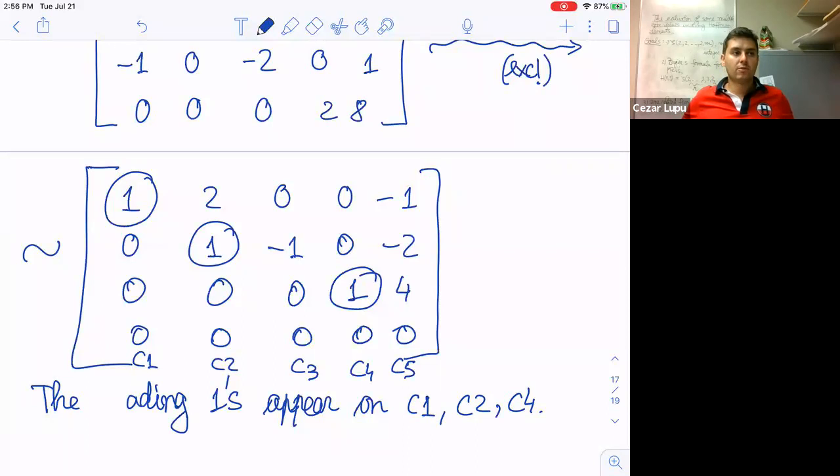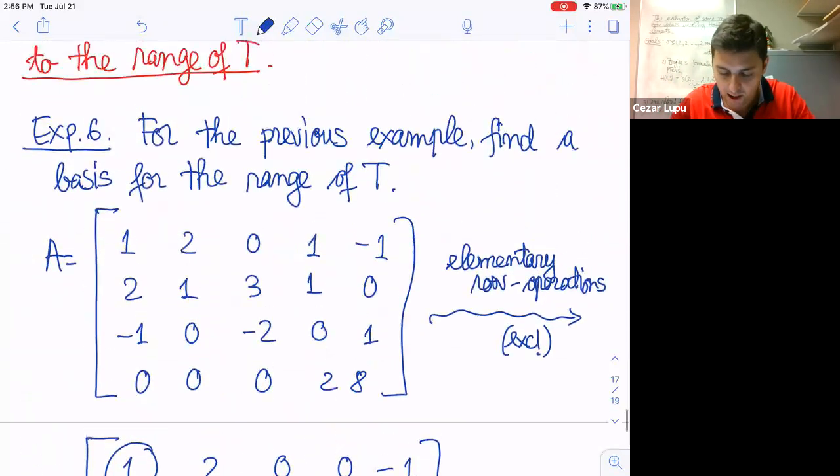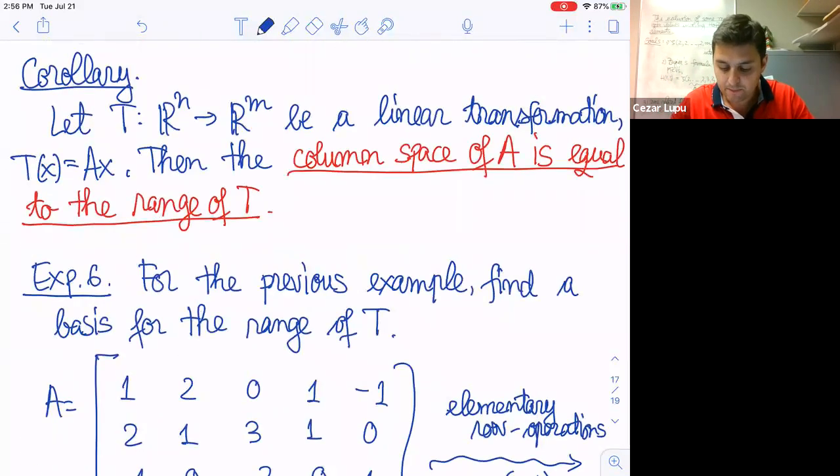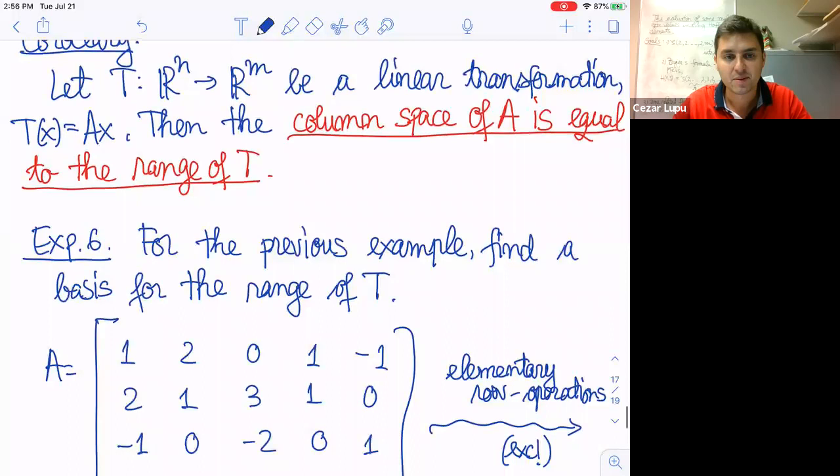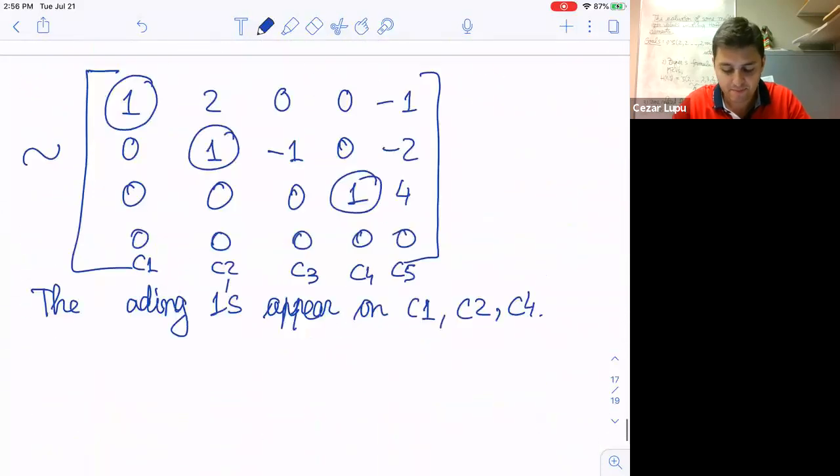So by the theorem, we said that the column space of A is equal to the range of T. We want to use this.